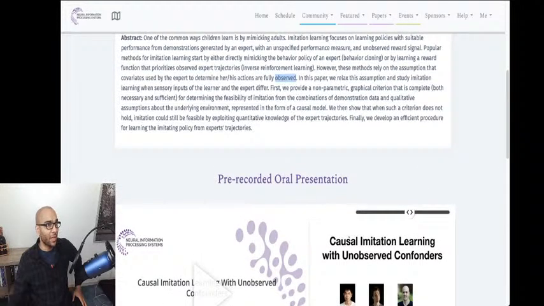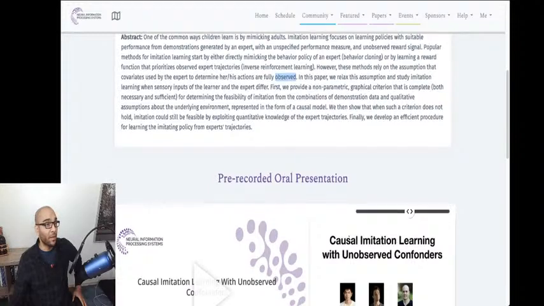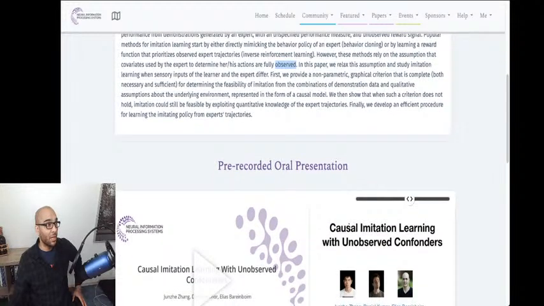In this paper, we relax this assumption and study imitation learning when sensory inputs of the learner and the expert differ. First, we provide a non-parametric graphical criterion that is complete, both necessary and sufficient, for determining the feasibility of imitation from the combinations of demonstration data and qualitative assumptions about the underlying environment.